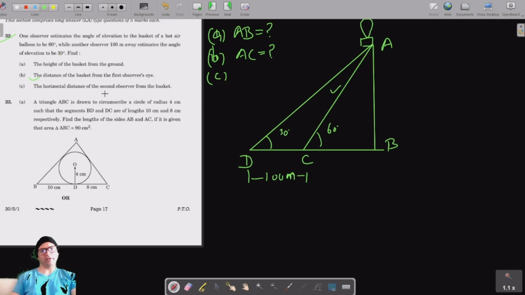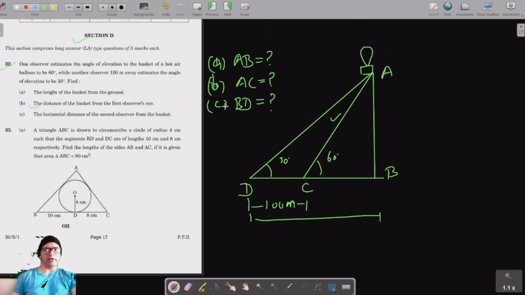And then we have to find the horizontal distance of the second observer from the basket, which is BD. So we have to find BD.